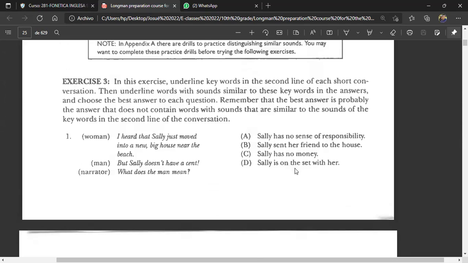Vamos a ver. Probémonos. Vamos a regalarle la número 1 a Josué Velázquez. ¿Está aquí José Velázquez? Are you here, José Velázquez? No, he's not here. Let me see.